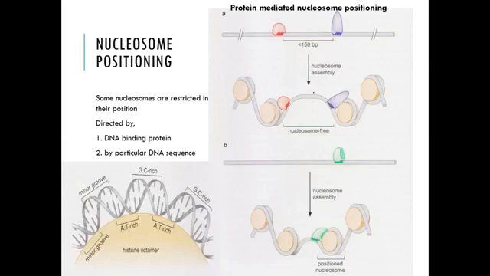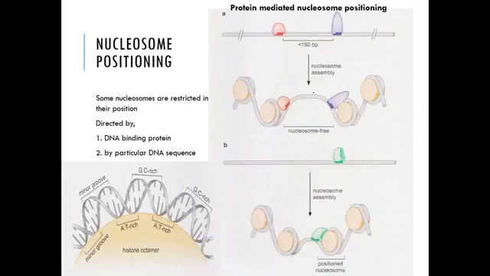Then we said that there is a second method by which nucleosome positioning occurs, that is by means of a particular DNA sequence. We can have a look at that mechanism. Generally, a nucleosome forming region causes bending of DNA.